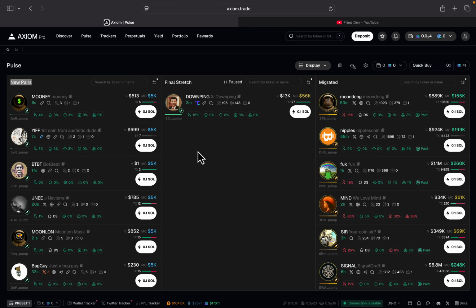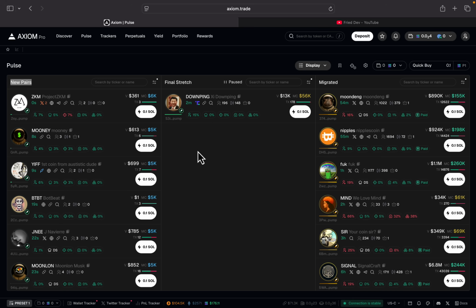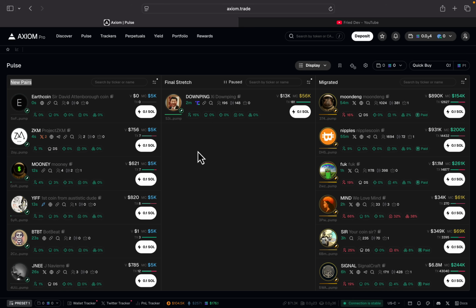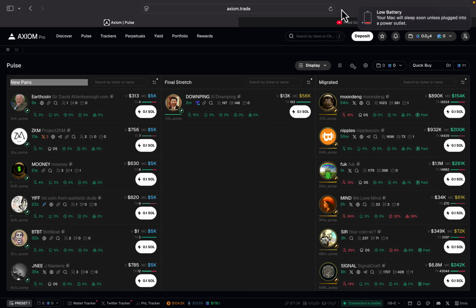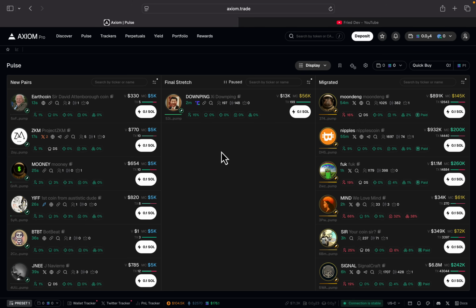If the news or the tweet is quite huge, for example, the tweet came from Donald Trump or Elon Musk, so many people will create the token after their tweet that it's quite hard to snipe them on the new pairs section. It's very hard, and most of the time you will lose money because you will miss the main runner. That's the reason I usually don't recommend sniping Elon Musk or Donald Trump's tweets.